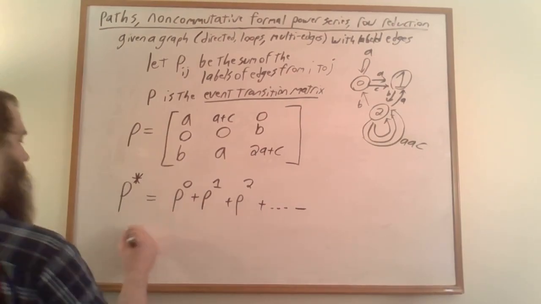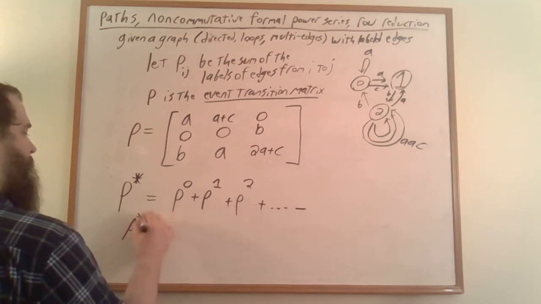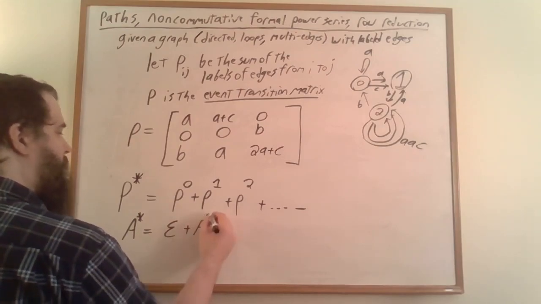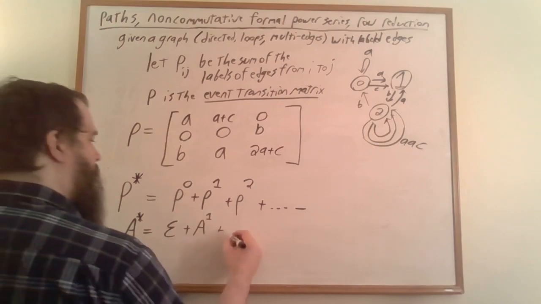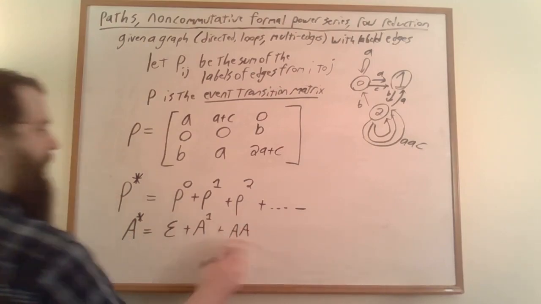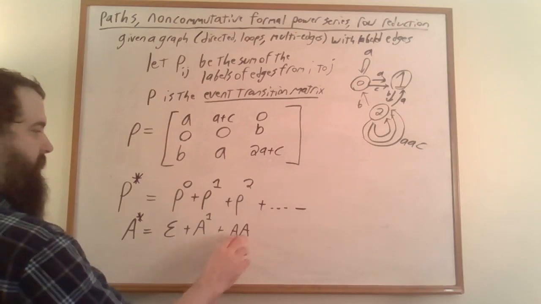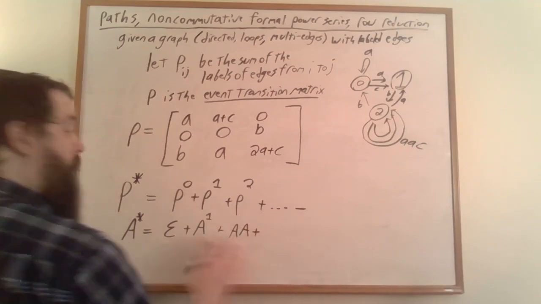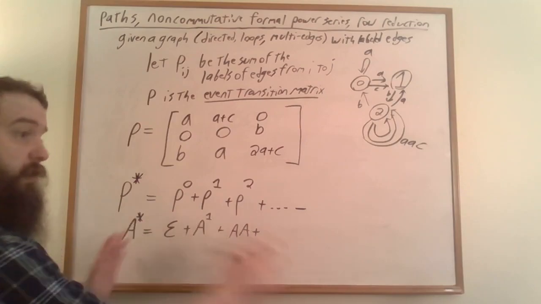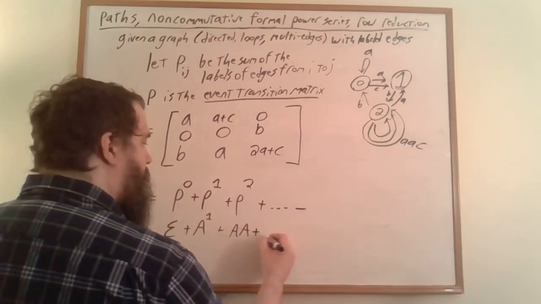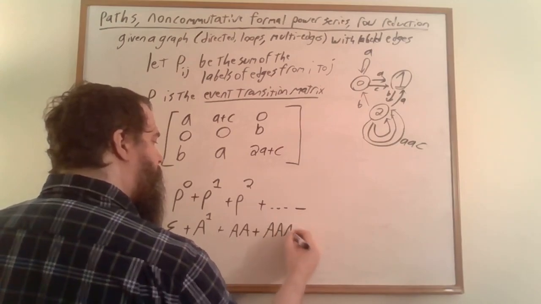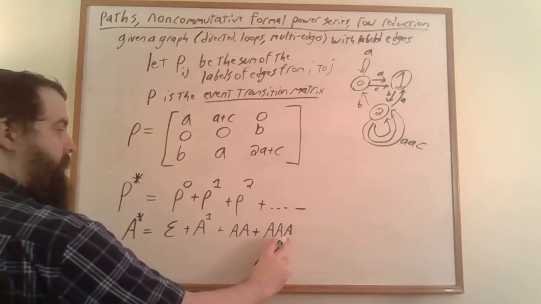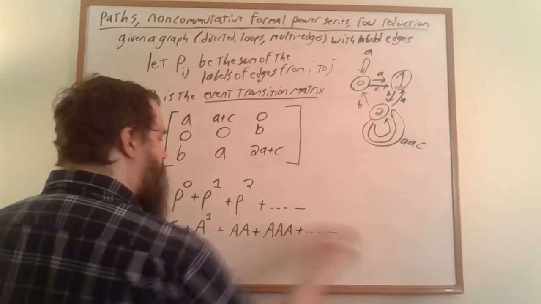Going along with, if we have a particular set of words A, then A star is going to be the empty word plus the words in A, which we could write as A to the first, plus words in A concatenated with itself, that is pairs of words, one word from A and one word from A, plus, or, right, we're thinking of plus now as the union of regular languages, or A cubed, words of the form some word from A followed by some word from A followed by some word from A, and so on and so forth.